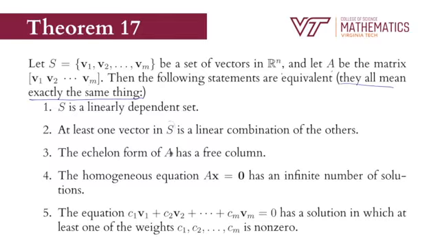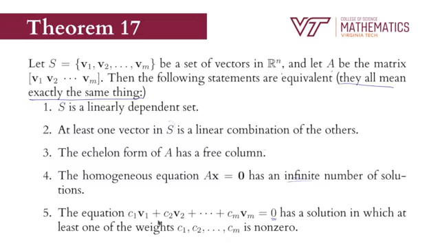Another way of saying this is that the echelon form of A has a free column. Another way is that the homogeneous equation has infinitely many solutions, because we have a free variable, and free variables mean that there's an infinite number of solutions. And another way of saying this is that the linear combination equation equal to 0 has a solution in which at least one of these weights is non-zero.